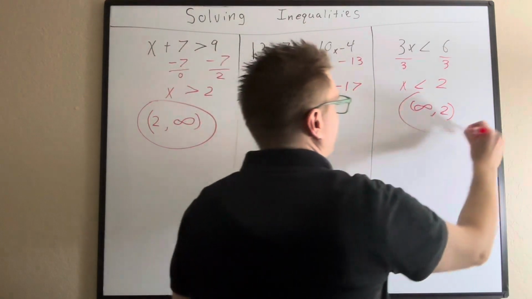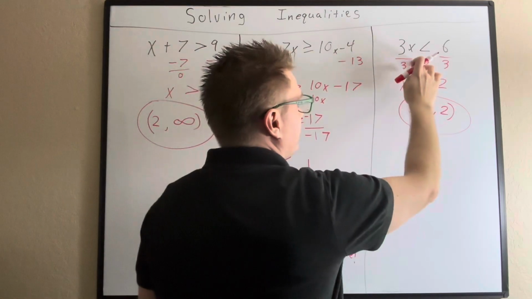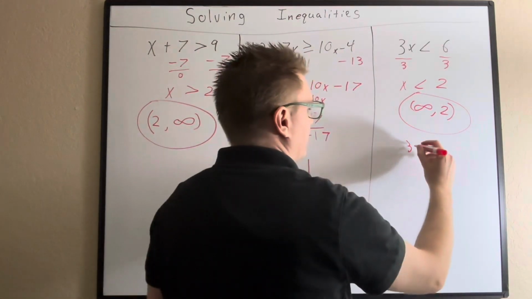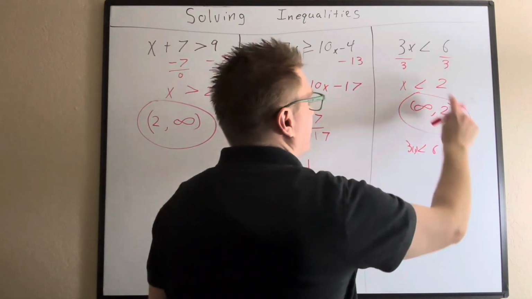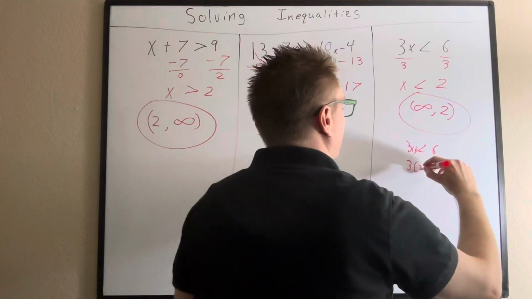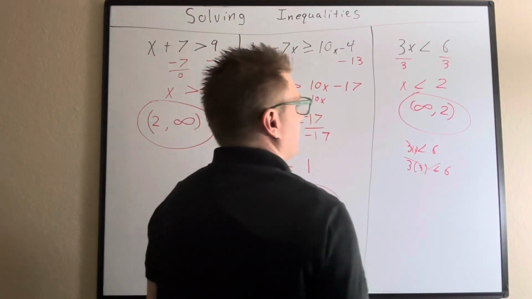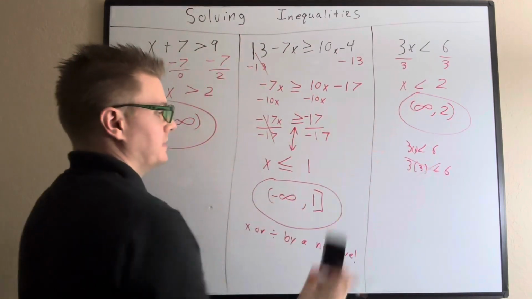So there's our answer. Check. We put in 1. 3 times 1 is less than 6. Yep. All right. Put in a 3. 3 times 3 is less than 6? No. So that's correct.